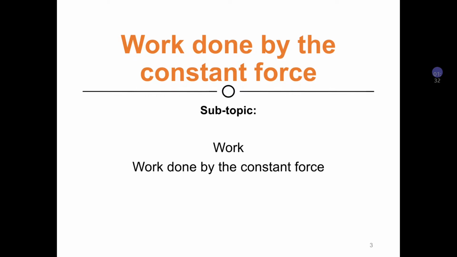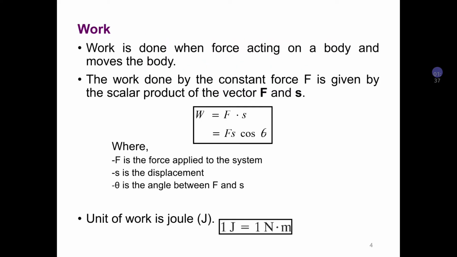Okay, the first subtopic yang kita akan tengok adalah work done by the constant force. Okay, so kita tahu definition of work is done when force acting on a body and move the body. Okay, so the work done by the constant force is given by the scalar product of the vector F and S. Alright, so kita tahu F adalah vector quantity, darab dengan S, which is S ni adalah displacement.